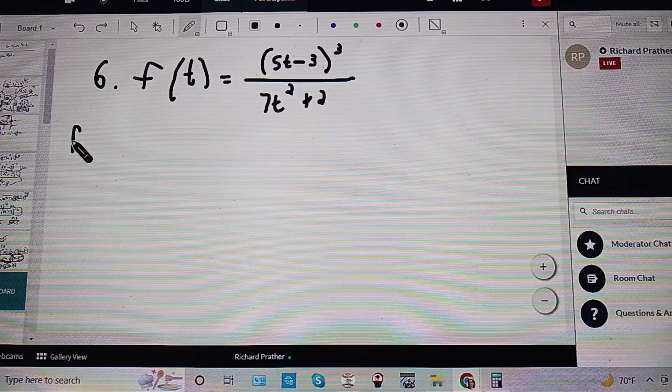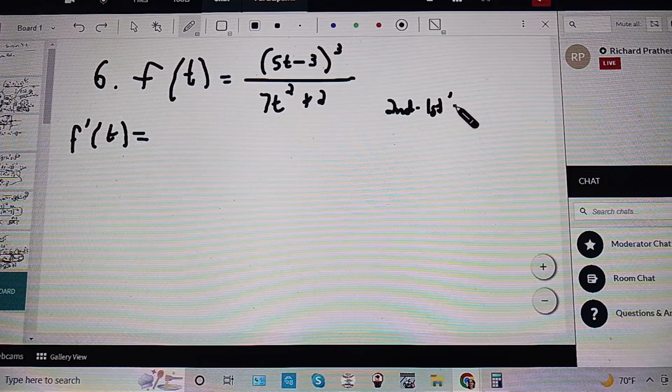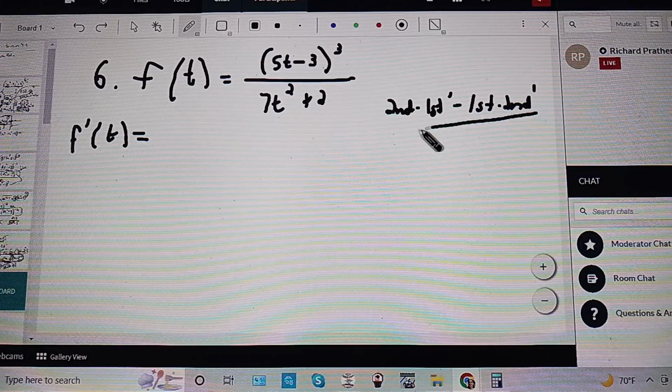So derivative of a quotient, remember how it goes: second times derivative of the first minus the first times derivative of the second over the second squared. It has 3 differences from the product rule.